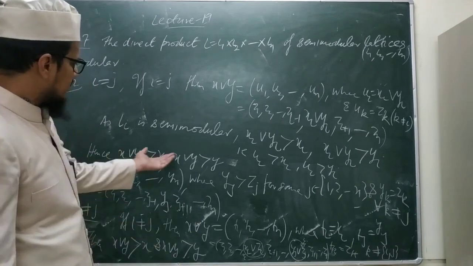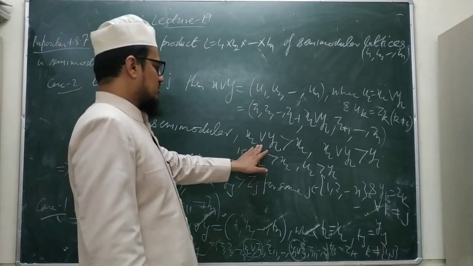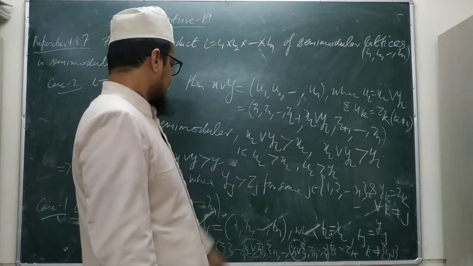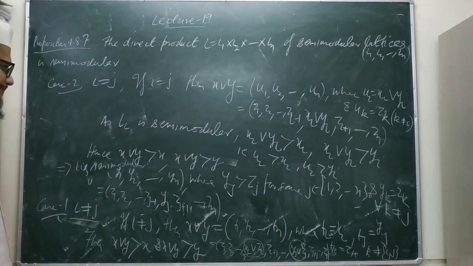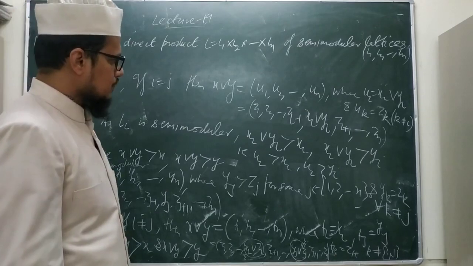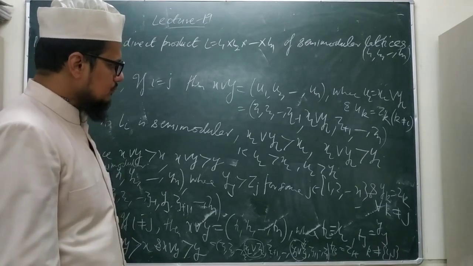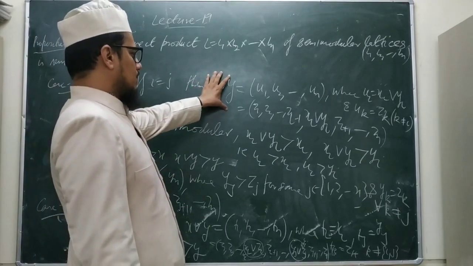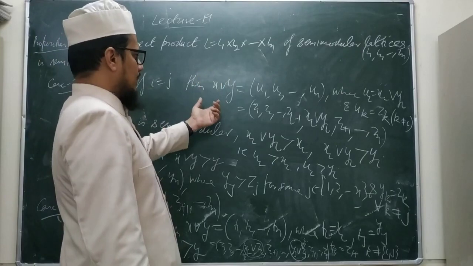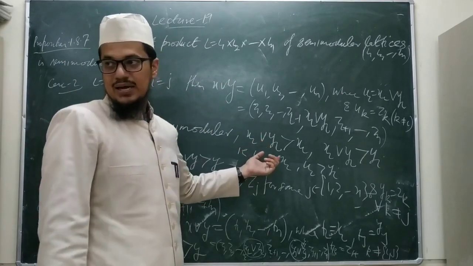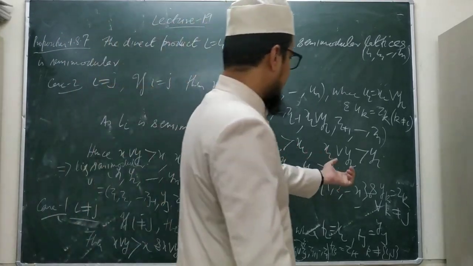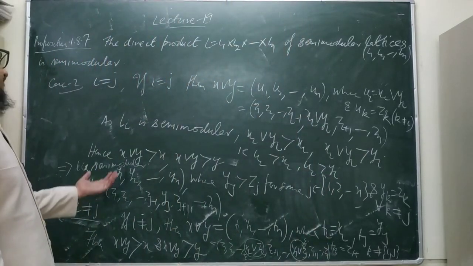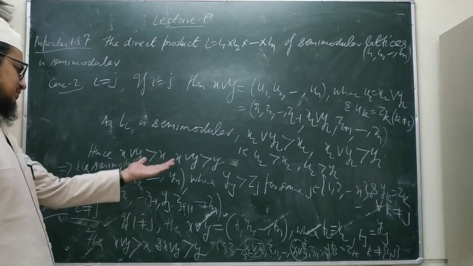So in this way we have proved that L is a semi-modular lattice. By the definition, xi join yi covers xi and xi join yi covers yi. Is it clear? So definitely x join y covers x, x join y covers y.